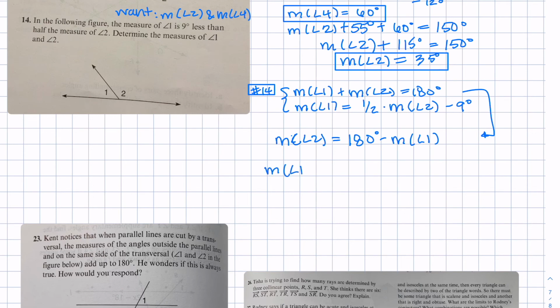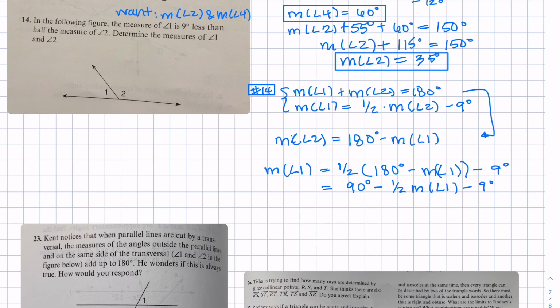So the second equation says the measure of angle 1 is 1/2 times the measure of angle 2, which is 180 minus the measure of angle 1, and then minus another 9 degrees. So if I distribute this 1/2, this is 90 degrees minus 1/2 of the measure of angle 1 minus 9 degrees.